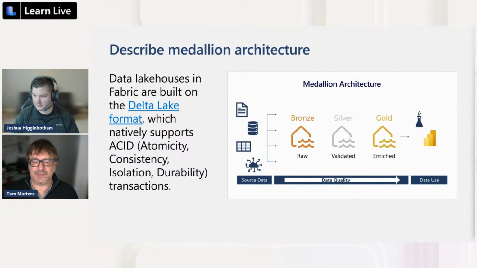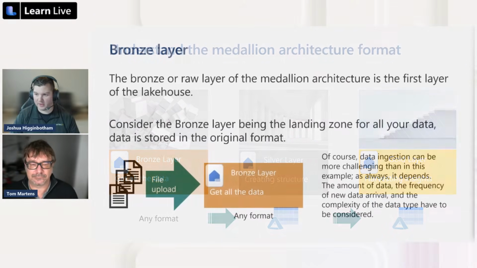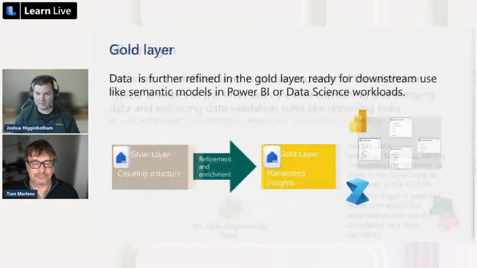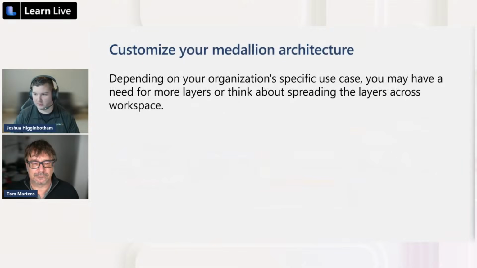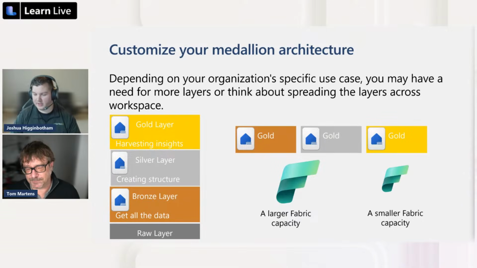As always, it's a depends question. And this kind of goes back to what you were mentioning before around customizing your medallion architecture. Yes. The medallion architecture doesn't innately state that it has to be in a lakehouse. You may state that your silver is actually your data warehouse.